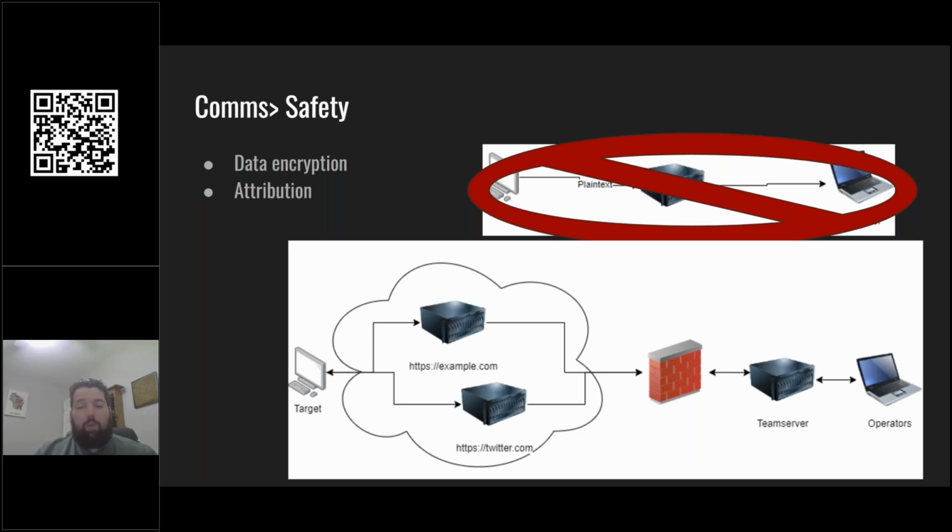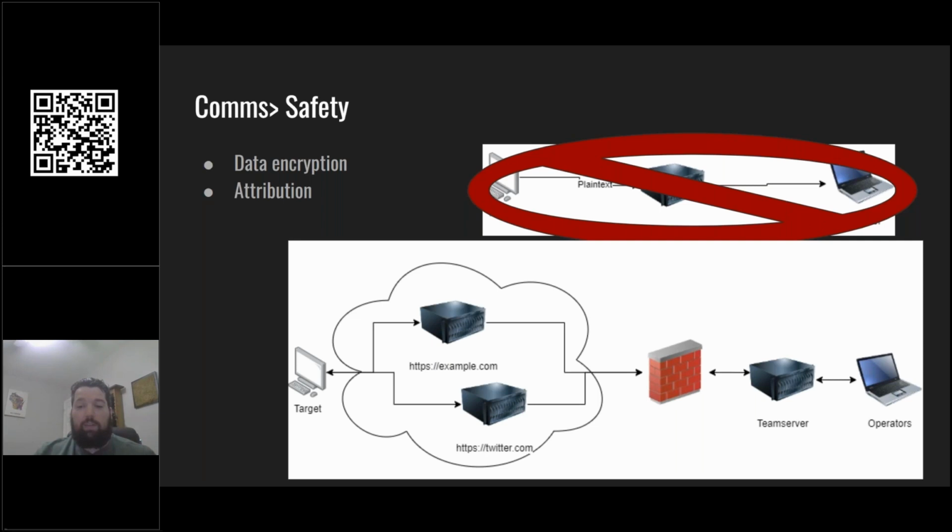But if you have multiple, what we call redirectors, which are servers that exist as a misdirection, if you will, between your target and your C2 server, then you can just migrate from one C2 server to another. You can implement some kind of round robin so that if your agent isn't able to talk to example.com, it then moves to a C2 using Twitter DMs, so that you still maintain access.